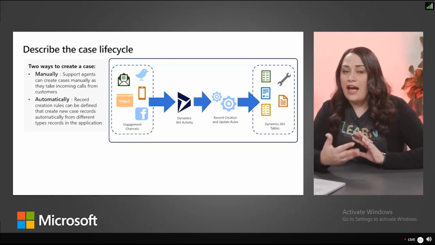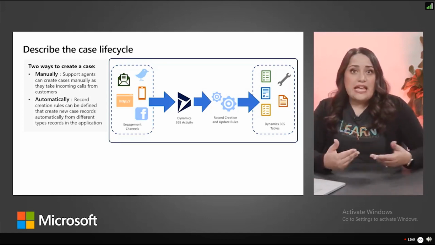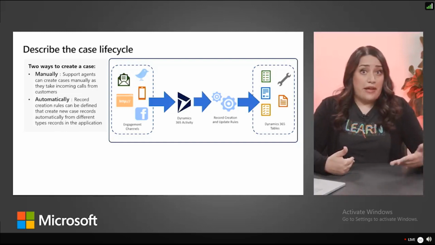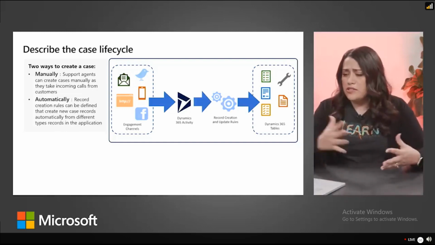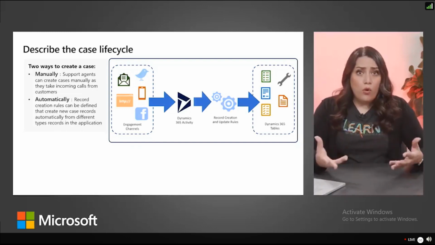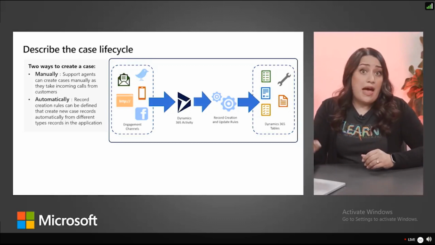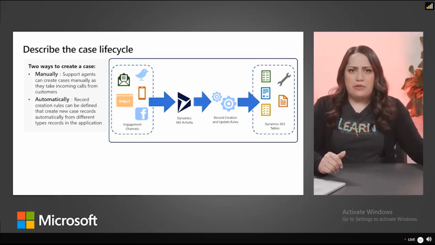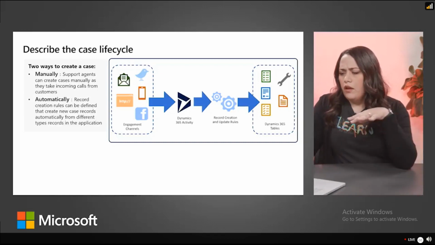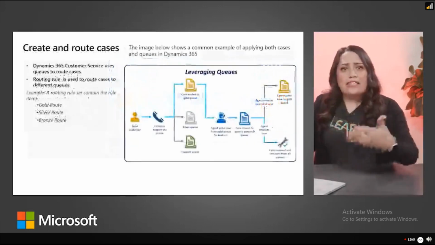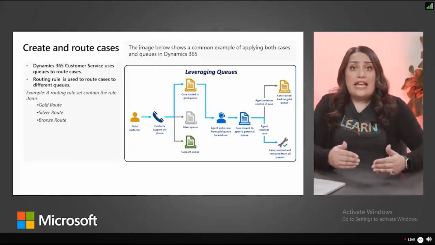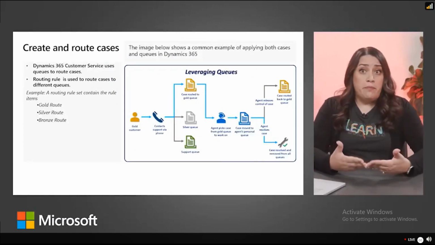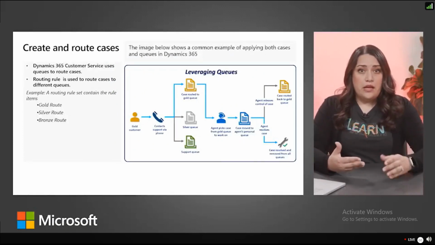Depending on how you set up your process, cases can be created manually by an agent as those different requests come in, or you can have those cases automatically created, like when it's triggered from something like a secondary application. But what happens after that case is loaded into the system is it needs to be routed to the agent best suited to help resolve it.